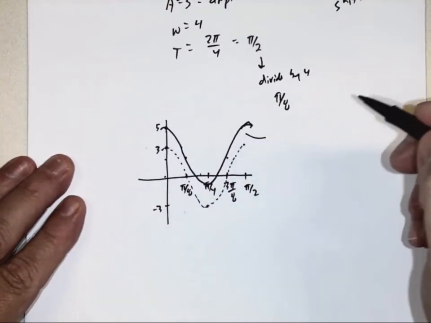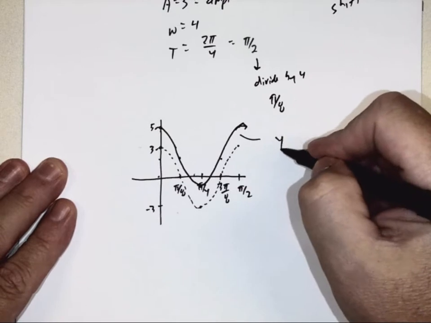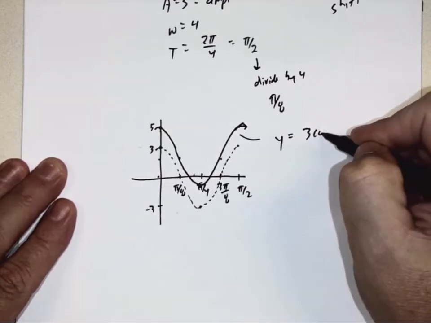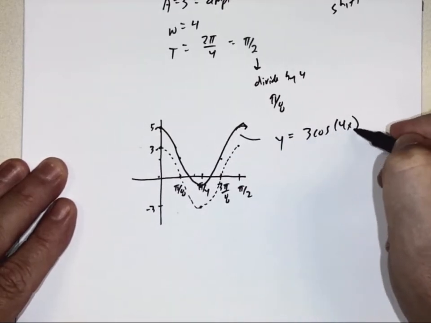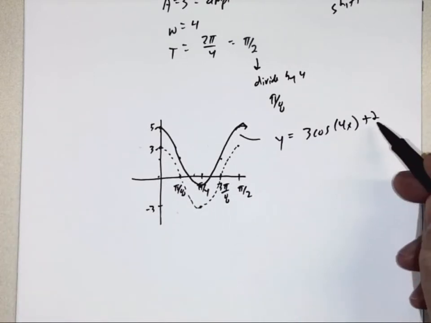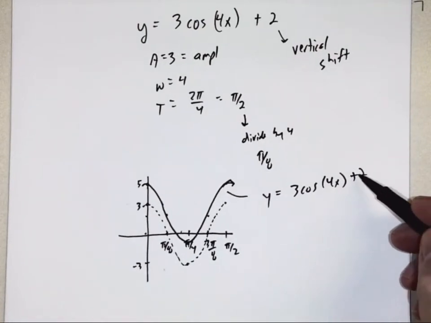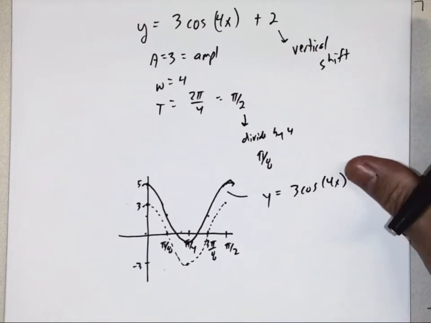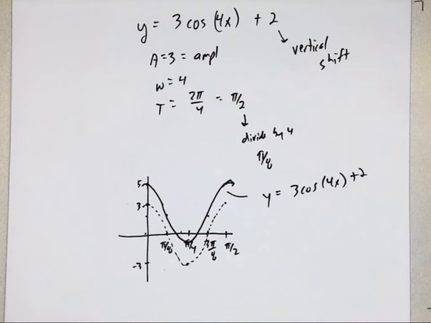So then this right here is my final graph. All right, so the new thing here was this vertical shift. Pretty straightforward. You sort of ignore it at first, figure out your graph, then you come in at the end and do the shift.